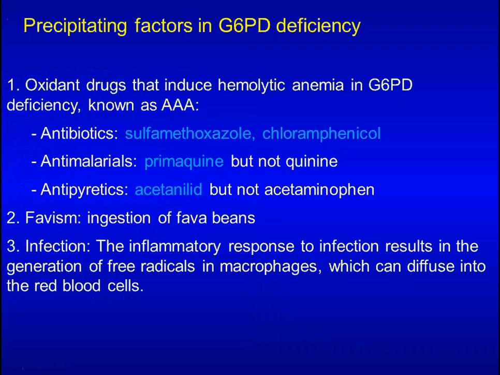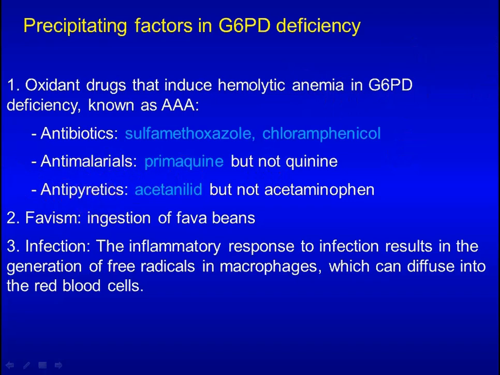Several factors can exacerbate the symptoms of G6PD deficiency. One is oxidant drugs that induce hemolytic anemia in G6PD deficiency, known as AAA. It represents antibiotics such as sulfamethoxazole, chloramphenicol, antimalarials such as primaquine, antipyretics such as acetanilide.